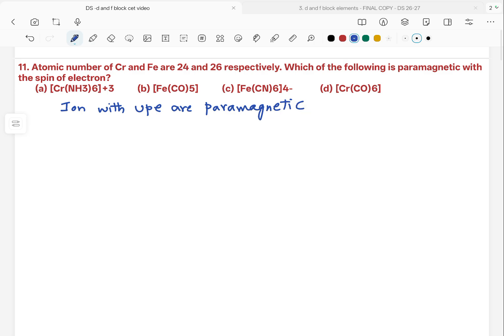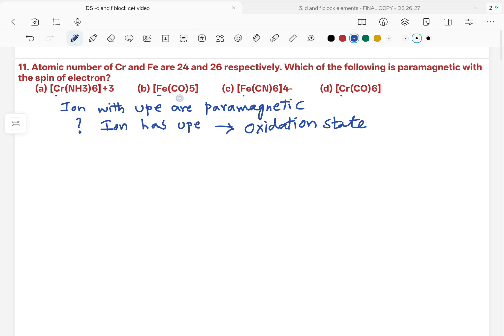Now our task is we have to find out which ion in this has unpaired electron. To know this one, we should know the oxidation state of the particular atoms given here. Now let's find out the oxidation state of all the ion atoms here. Then we will understand the unpaired electrons.